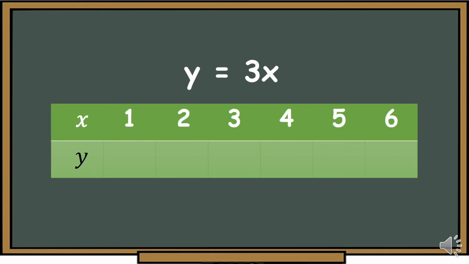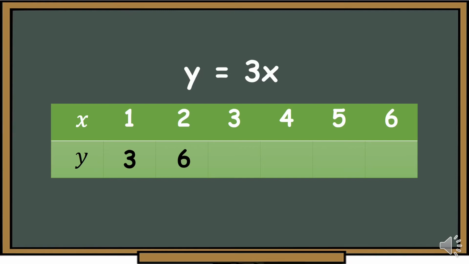I have here an equation, y equals 3x. Let us complete the table of values. What is the value of y if x is 1? Just simply substitute the value of x into the equation. If x is 1, 3 times 1 is 3. Y is equal to 3. If x is 2, y is 6.